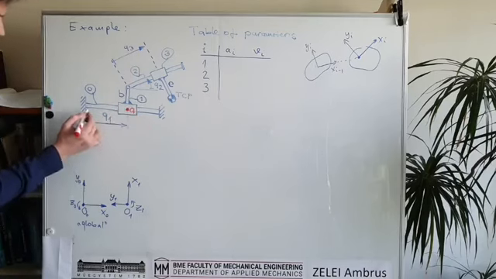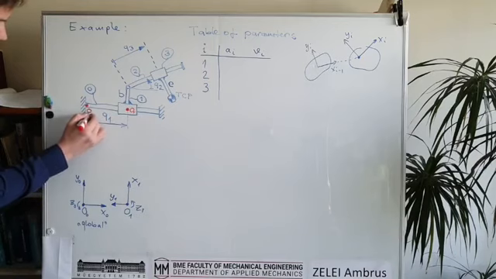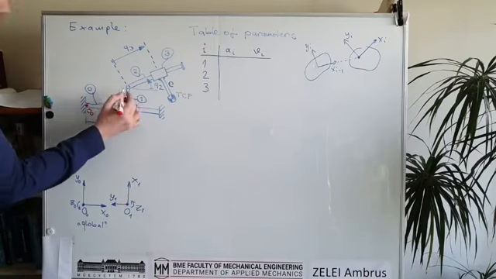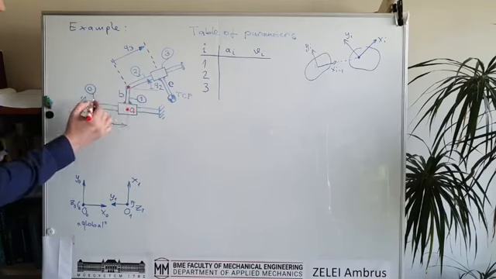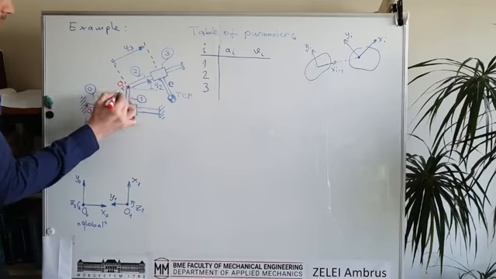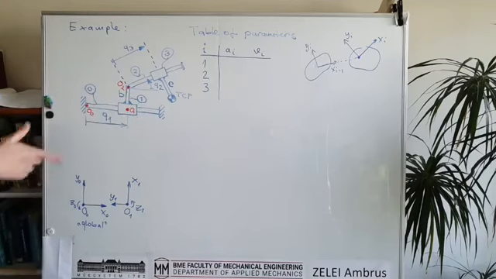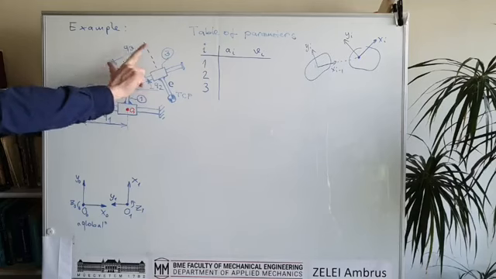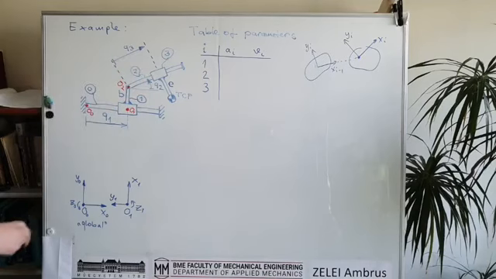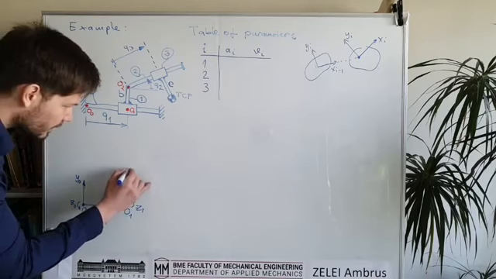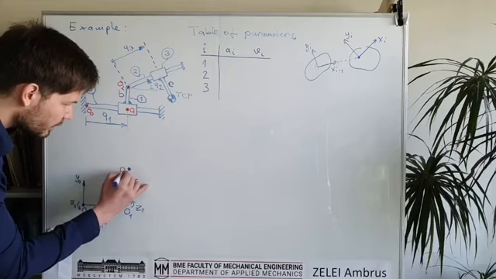Maybe this is O1, this was O0, and then we want to move here, this will be O2, this will be the origin of the second coordinate system about which we can rotate the whole rigid body. So this is O2 here.